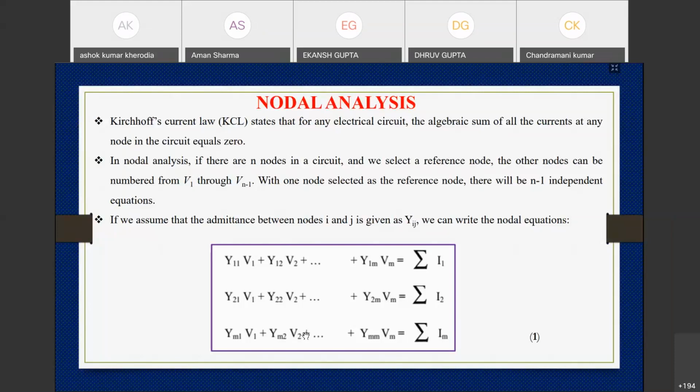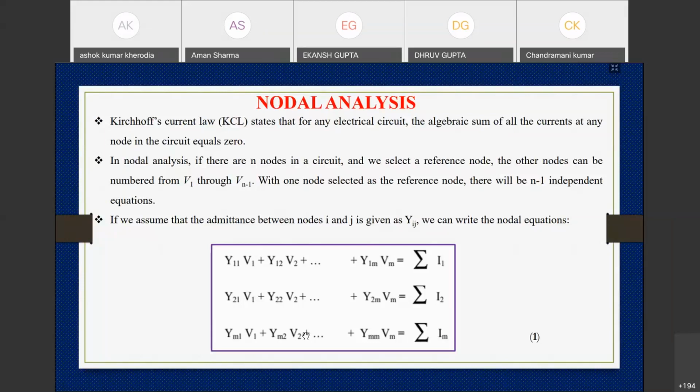Yes. Okay. So we use this KCL, that is Kirchhoff's current law, to state that for any electrical circuit, the algebraic sum of all the currents at any node in the circuit equals 0. Yes or no? Sum of all the currents entering or leaving is equal to 0. So in nodal analysis, if there are n nodes in a circuit, we select one of the nodes as a reference node and then number the other nodes from V1 to Vn minus 1. Suppose instead of impedance, we are talking about admittance.